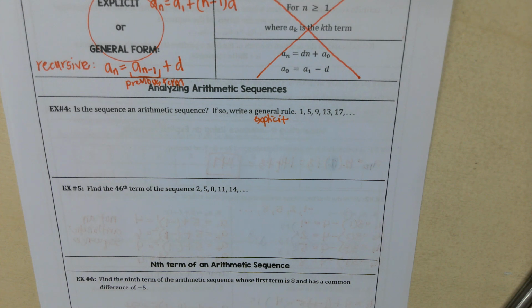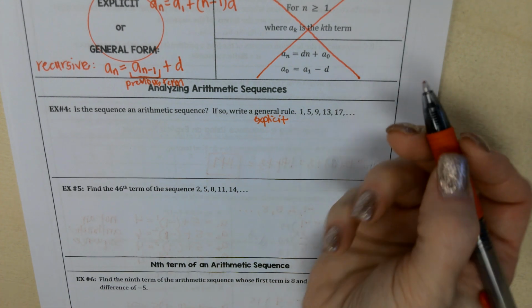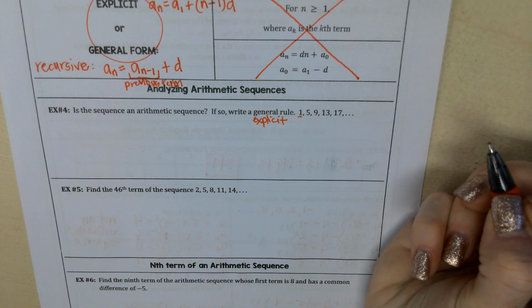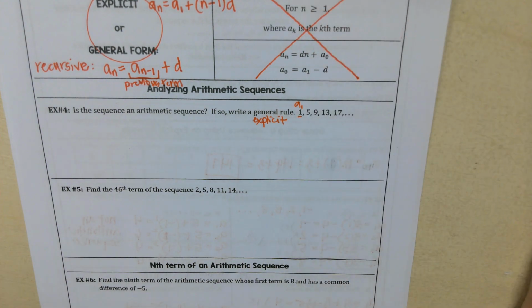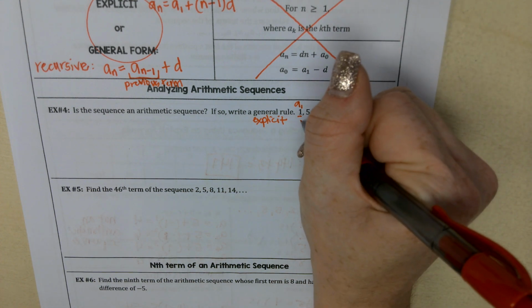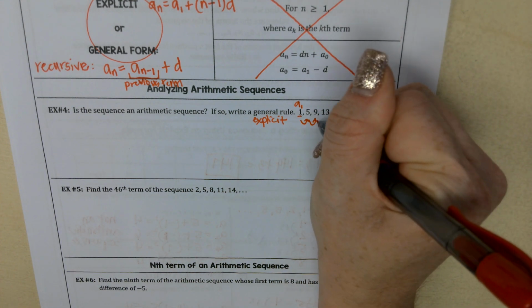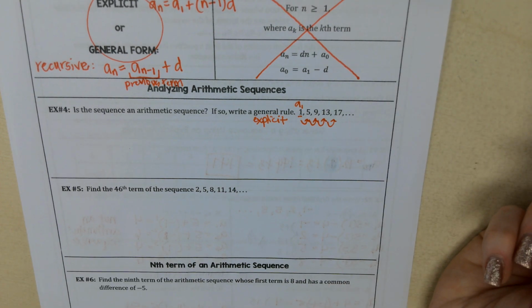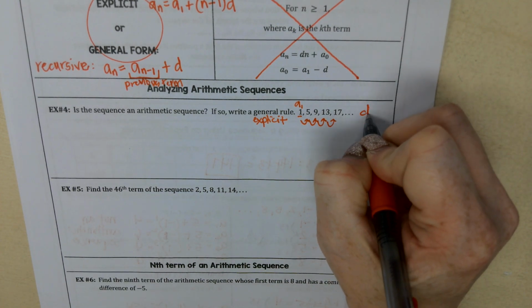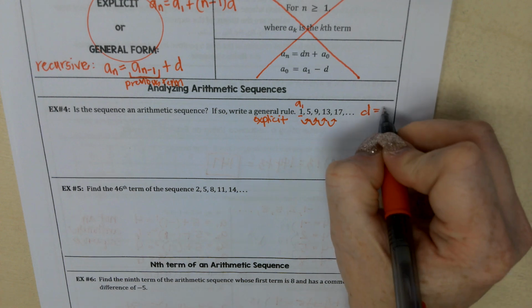Okay? All right. Right here, that is my first term. My 1 is my A1 because it's the first term in the list. And I need to see, am I adding the same thing over and over and over again? Yes. What is my common difference here?